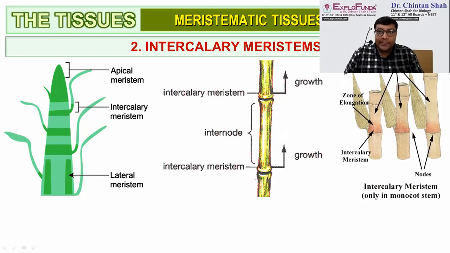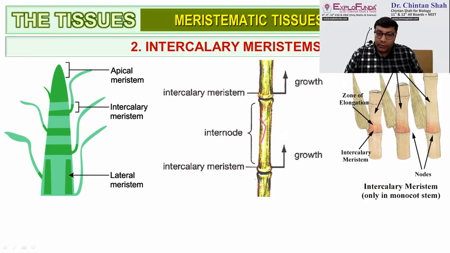Why is it present in between the permanent tissue? Because it might happen that the plant may get injured. Suppose somebody had eaten up this much part, then how to get that part back? Suppose this much part is eaten up by any herbivorous grazing animal.